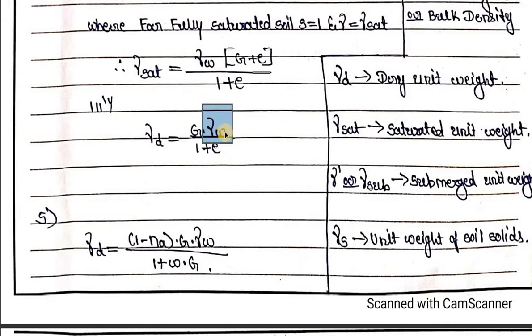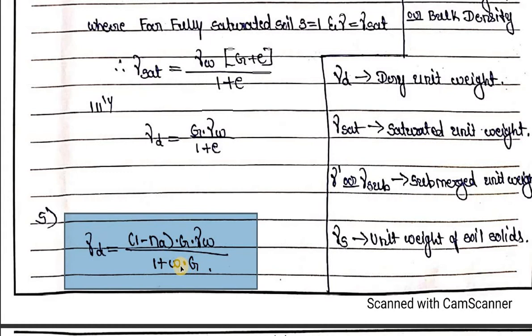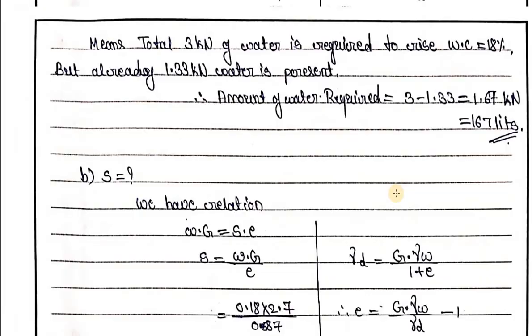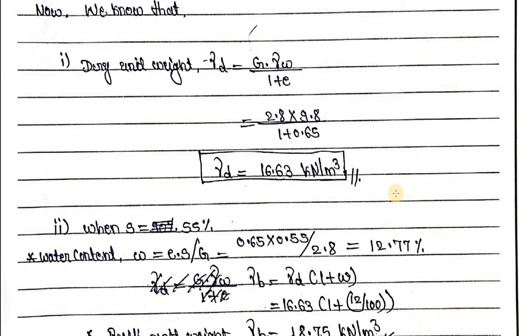I have γw, I can assume it. So I can choose this formula to calculate γd. If I choose another formula, you won't be able to fill in the data which is necessary. So I am not going to choose that formula, I am going to choose this formula. Choosing the formula is very important in these cases. Anyway, I will move back to the problem.